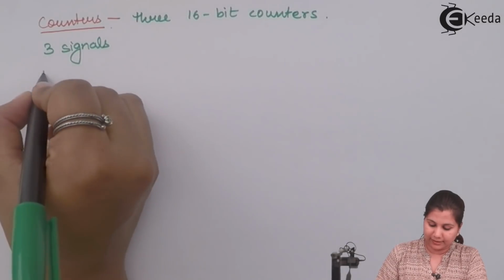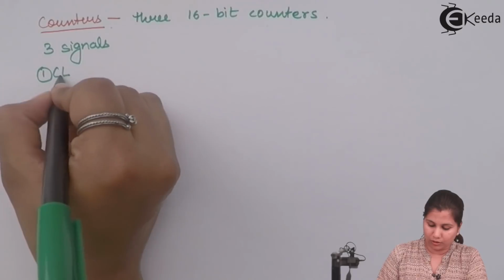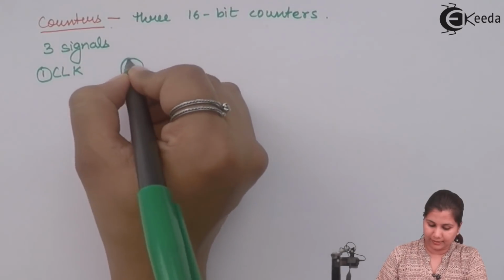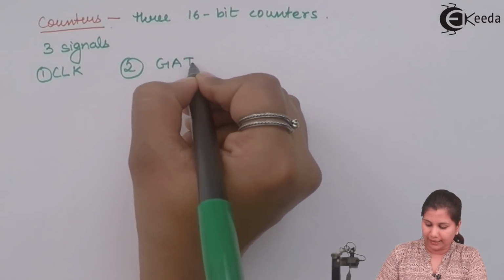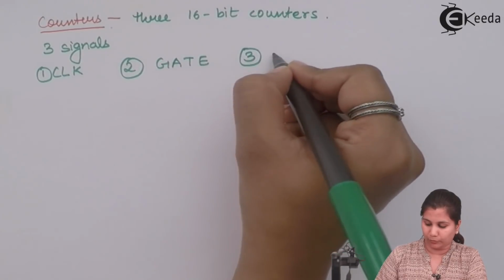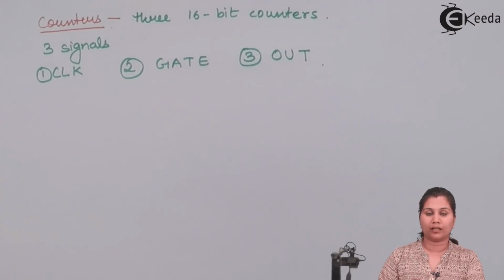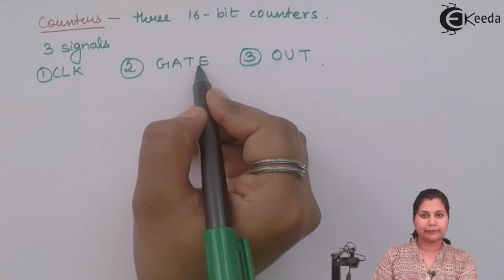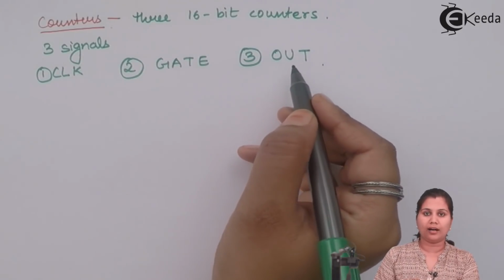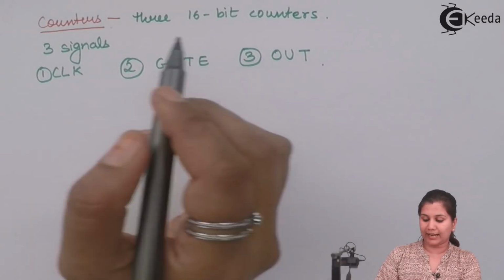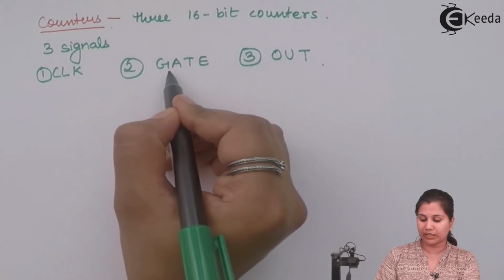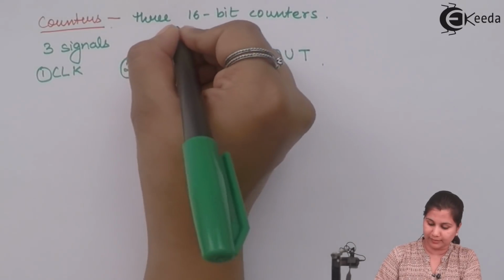These 3 signals are, first clock, second gate, and third out. Clock and gate are the input signals and out is the output signal. So we can say that the counter will have 2 input signals and 1 output signal.